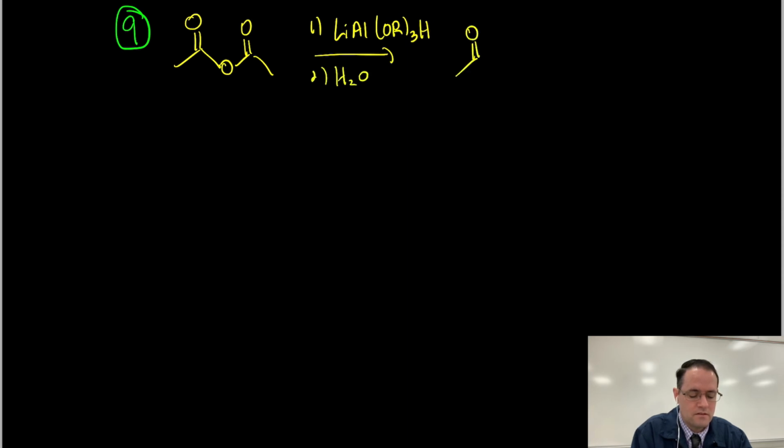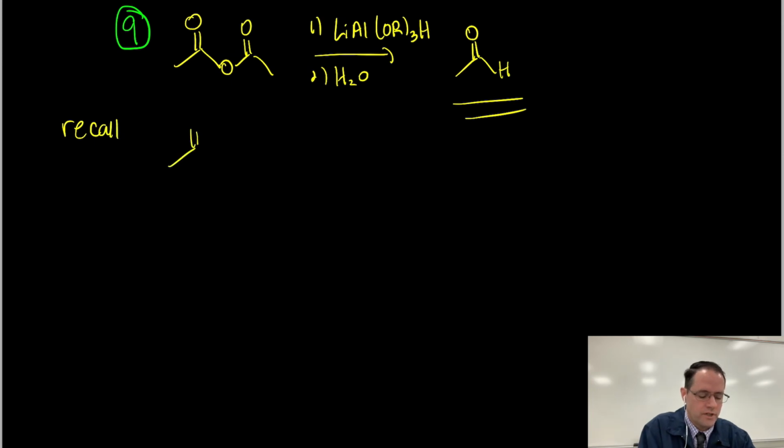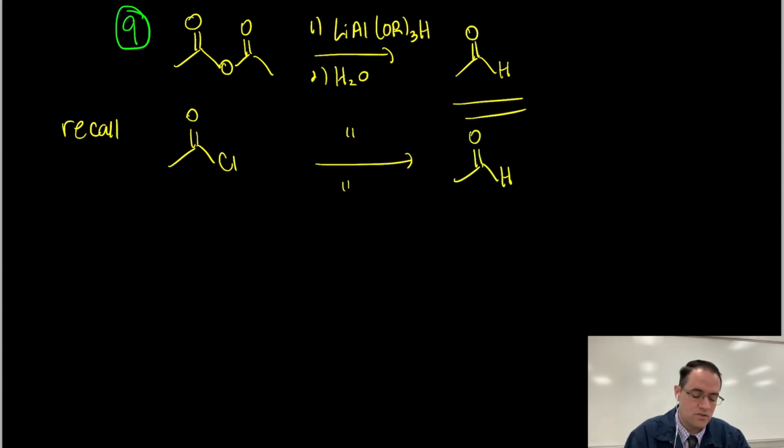Okay. And this gives us an aldehyde. So it stops at the aldehyde stage. Recall that if you have an acid chloride and you react it with these same reaction conditions, it stops at the aldehyde stage because, remember again, that this reagent has just one hydride there.